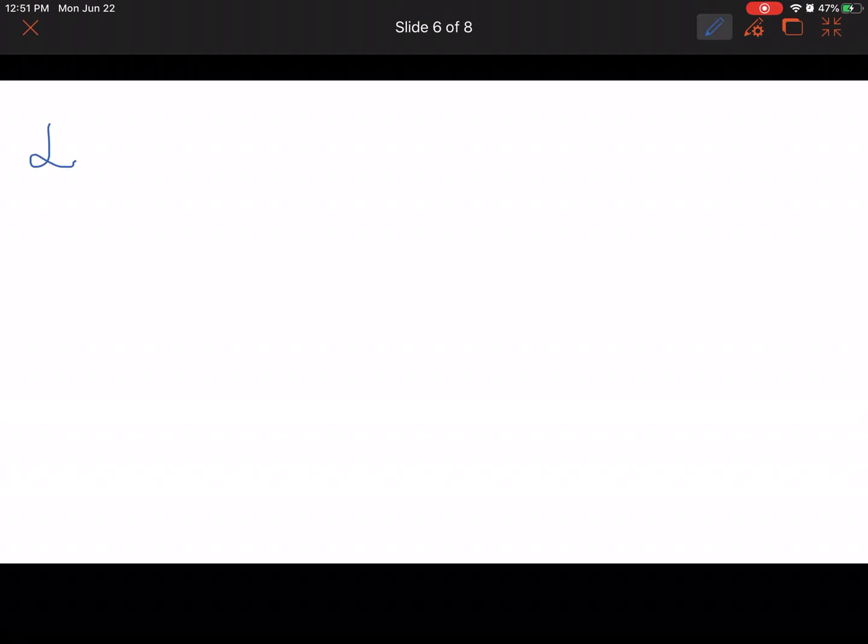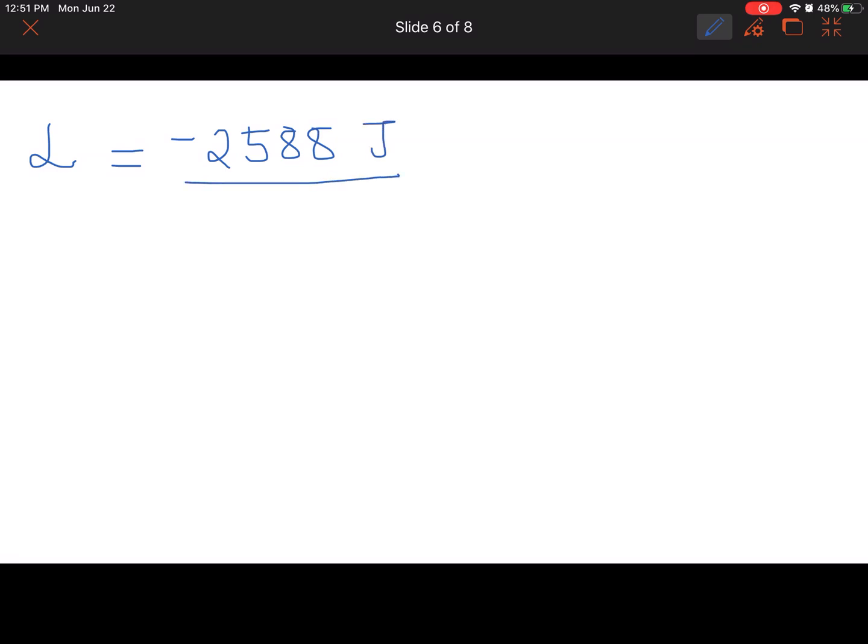So L equals negative Q metal, which is K, which is negative I, that is negative 2588 joules over the mass of the metal sample, which is A. It was given to us as 103.477 grams times delta T. What's the delta T we found for the metal?